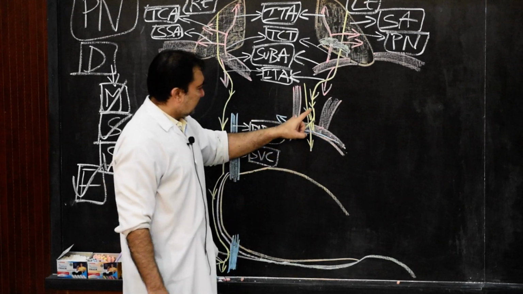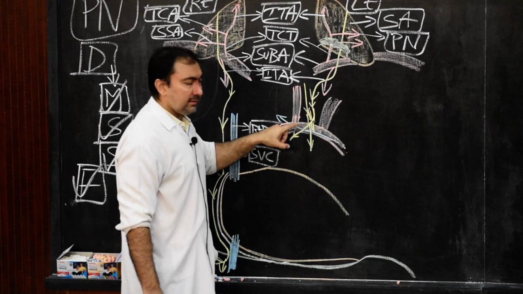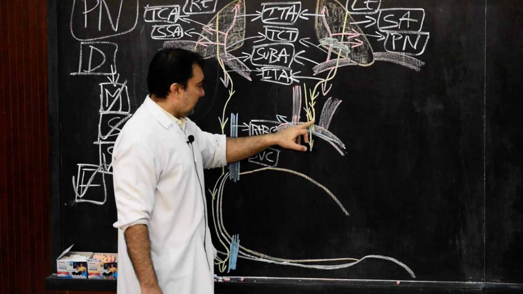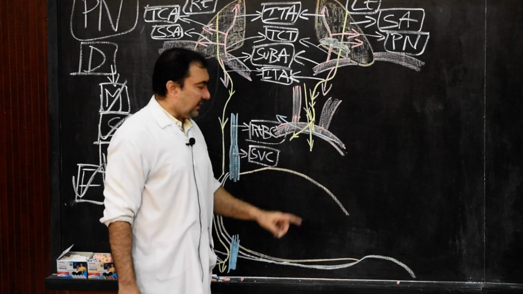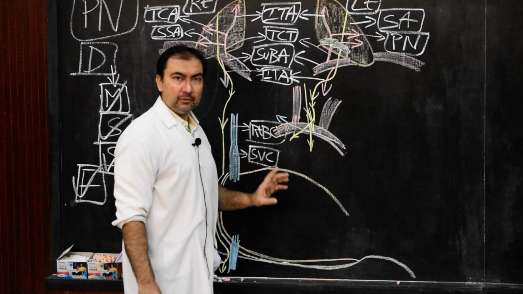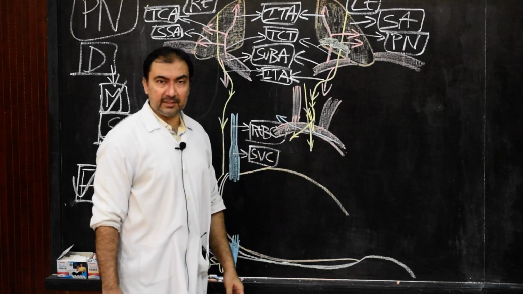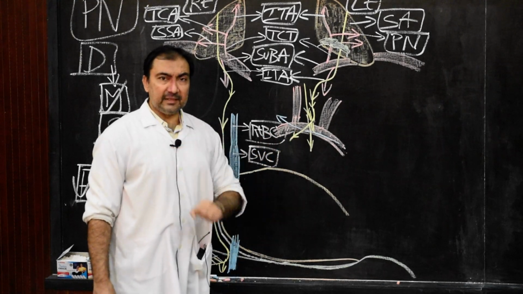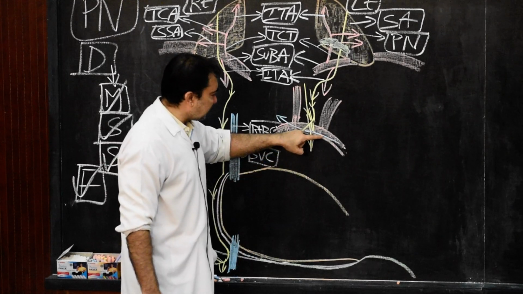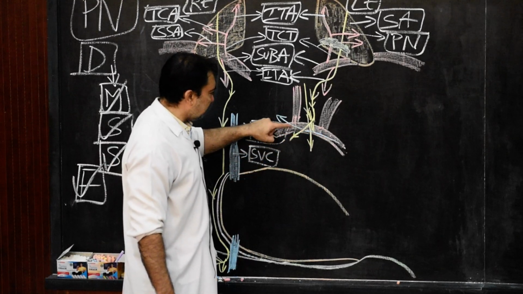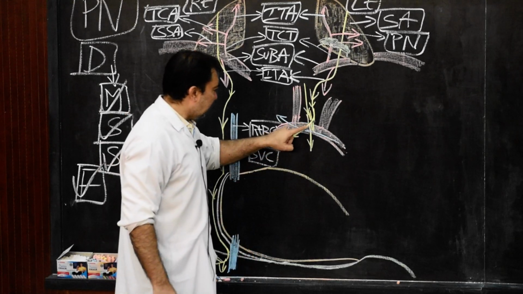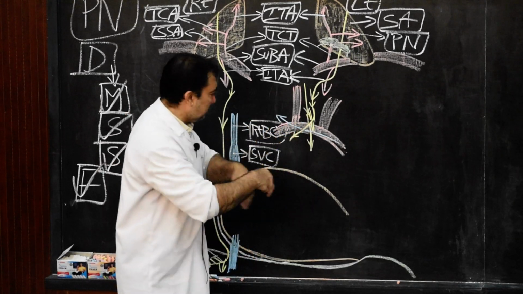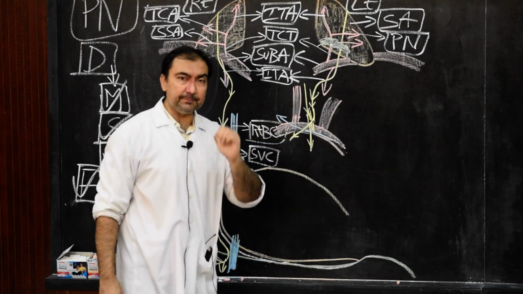So in short, this left phrenic nerve crosses the left vagus nerve from lateral to medial side, and then over the arch of aorta it will pass downwards inferiorly, in such a way that the left superior intercostal vein will separate the left phrenic nerve from the deep structures. What are those three deep structures?